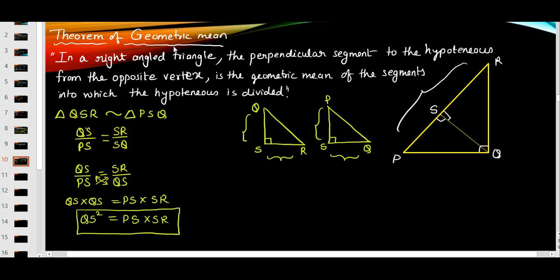They will give you an unknown side to find out, and you have to use this formula to find the unknown side.